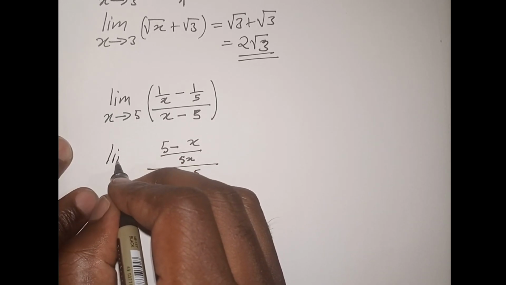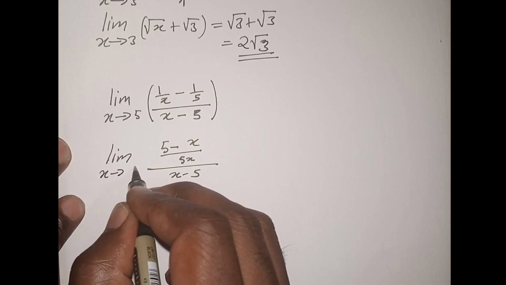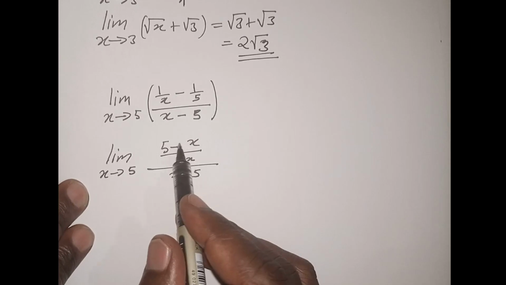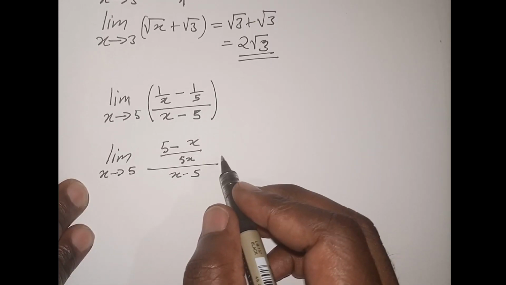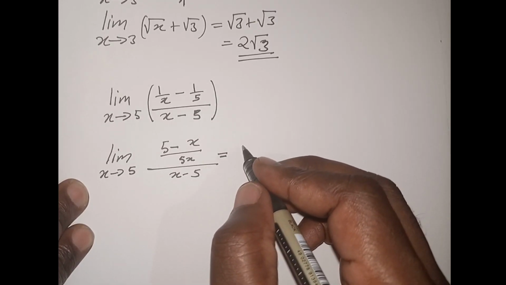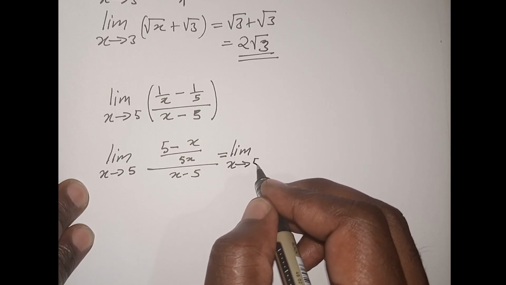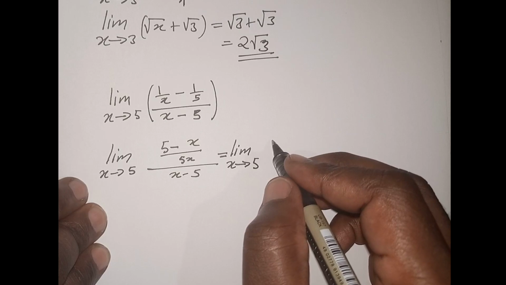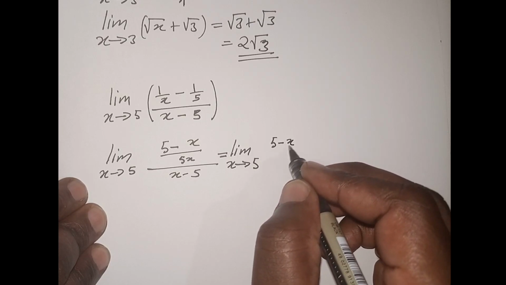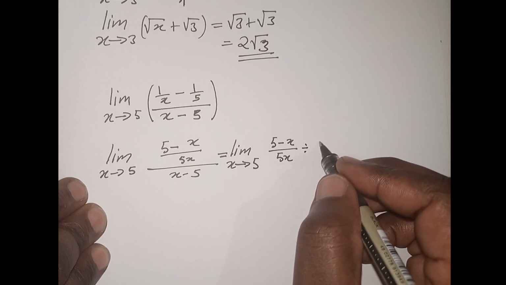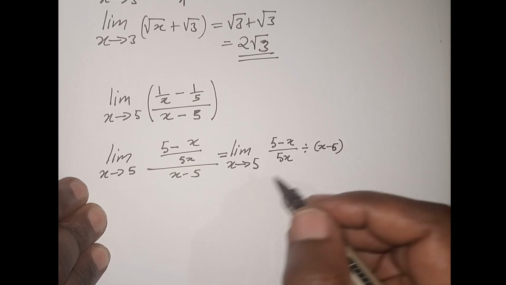Remember that we have a limit here as x approaches what? 5. Then all this divided by this can be written as the limit as x approaches 5 of (5 minus x) over 5x, divided by x minus 5.